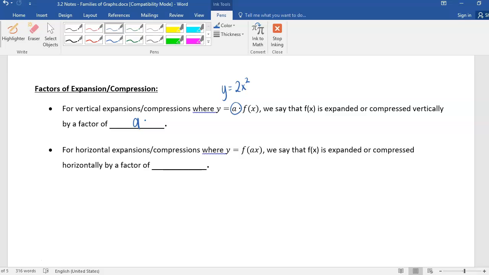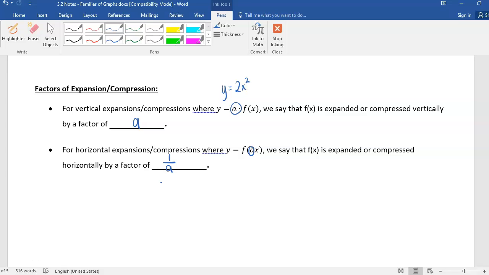However, everything on the inside of the parentheses has to be more complicated. So if I have the a on the inside of the parentheses, like I see right here, y equals f of a times x, or I could use a c like it was earlier. That would probably have been better to be more consistent. So that a right there is not our factor of compression or expansion. Instead, we have to do 1 over a, which is the reciprocal of a.